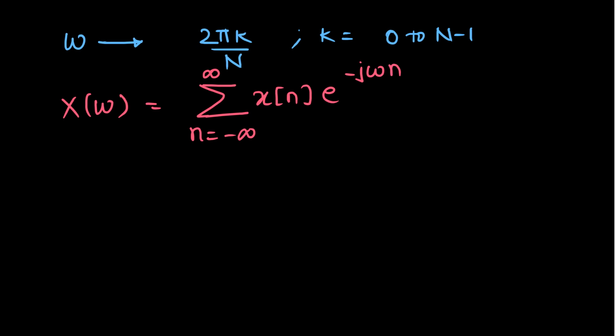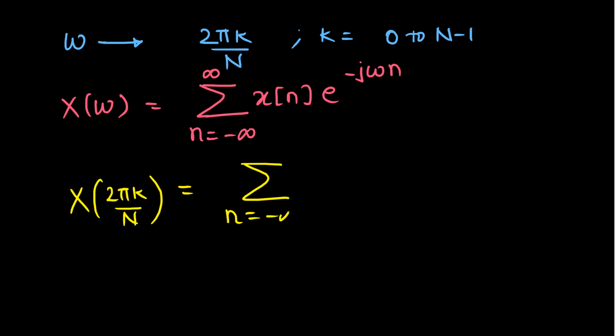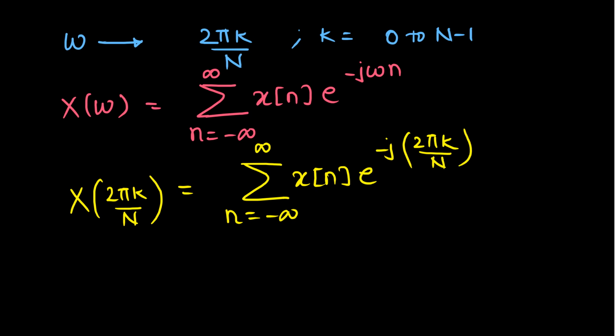So now we have this omega as 2 pi k by n, which is equal to summation n running from minus infinity to infinity x of n into e to the power minus j into 2 pi k by n into n.